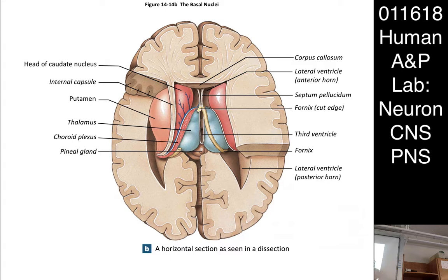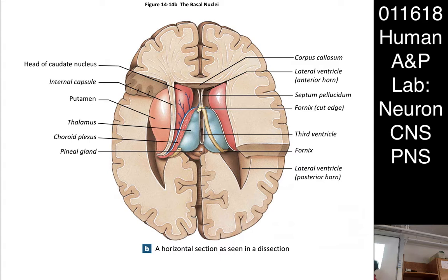Then it goes caudate, internal capsule, putamen. On the medial side is the thalamus. The thalamus is part of the diencephalon. There's the thalamus and the hypothalamus. You see a better picture, and I will talk about the thalamus in a little bit. But the fornix lays right on top of the thalamus.